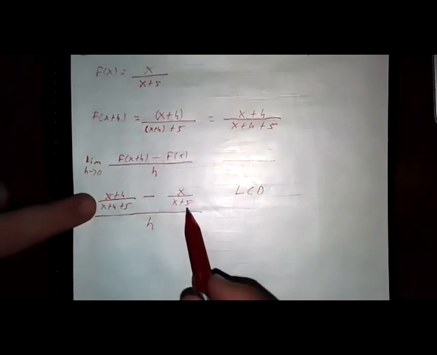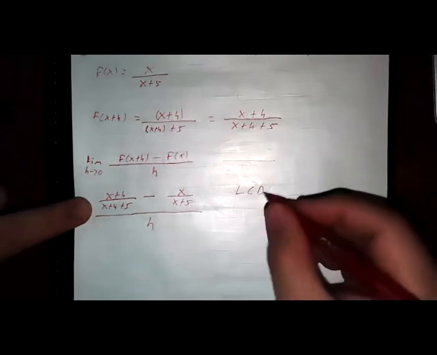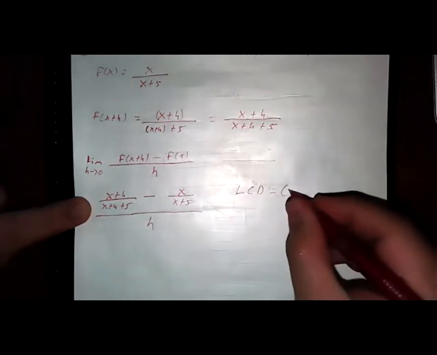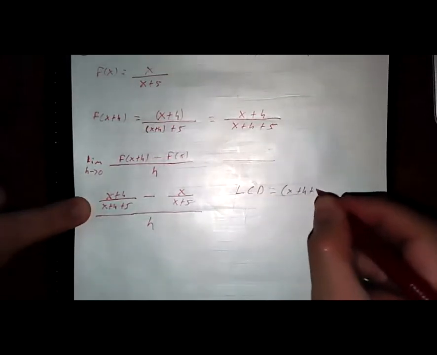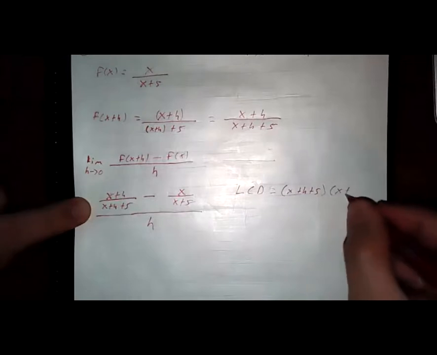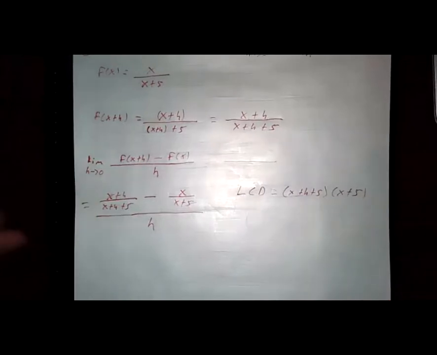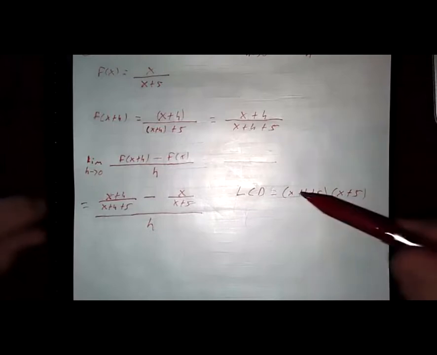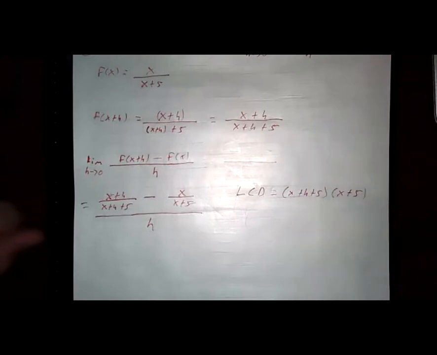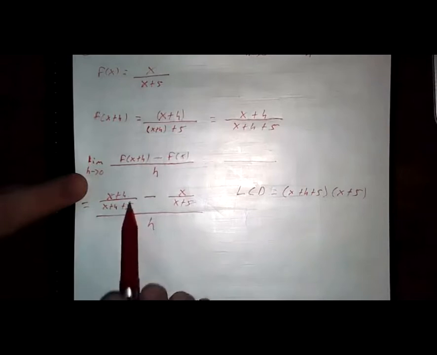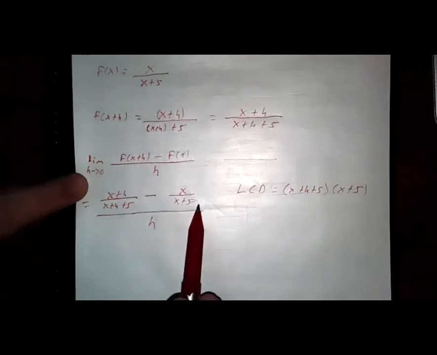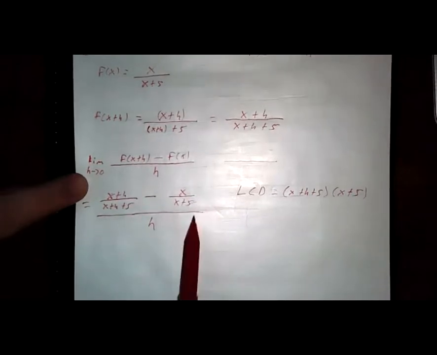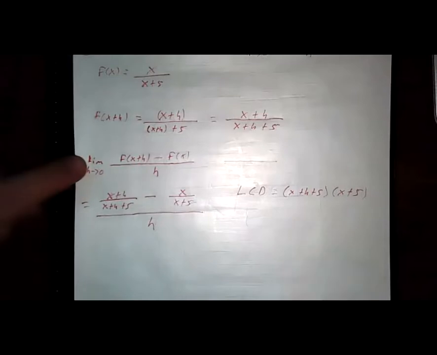So if two denominators are prime, then the only LCD will be the product of those two. It's always going to be that way. If they're not prime, you factor and then you put the pieces that belong. So this needs an x plus 5, right? This needs an x plus 5 plus h, or whatever, this thing.